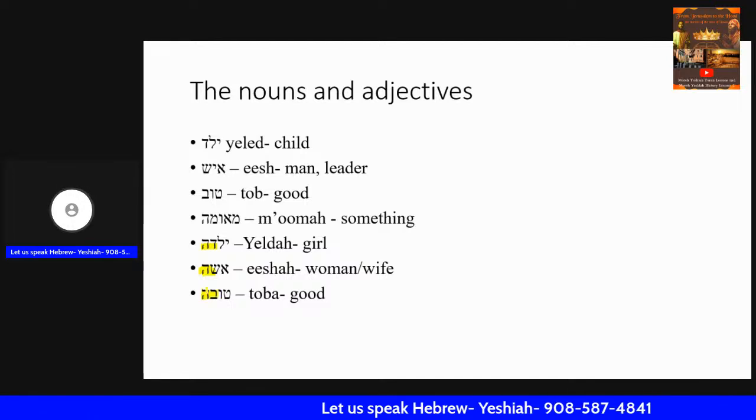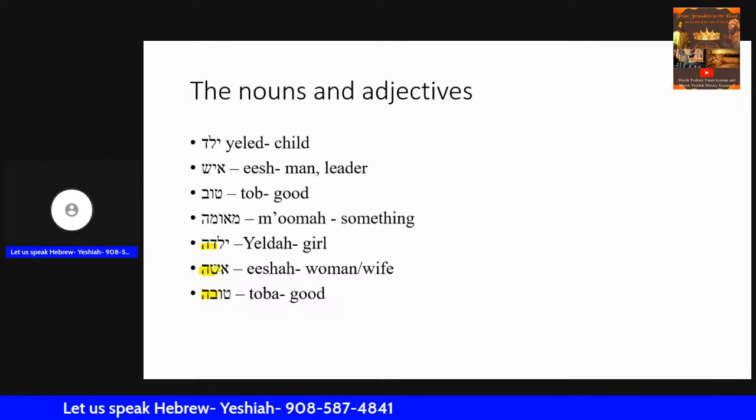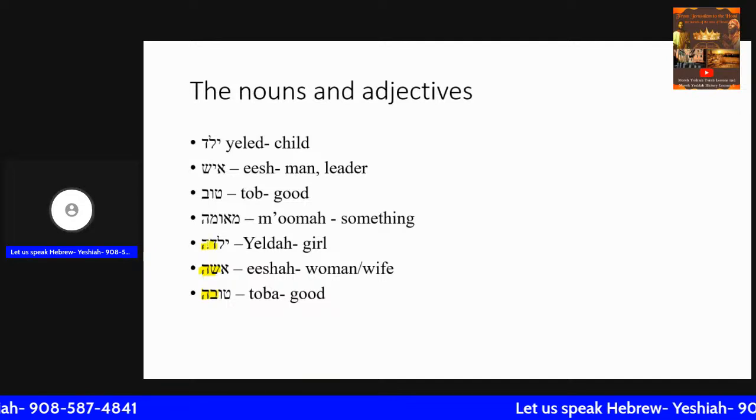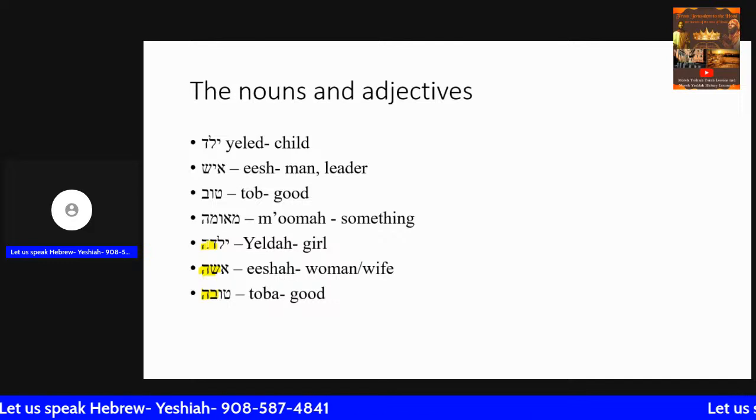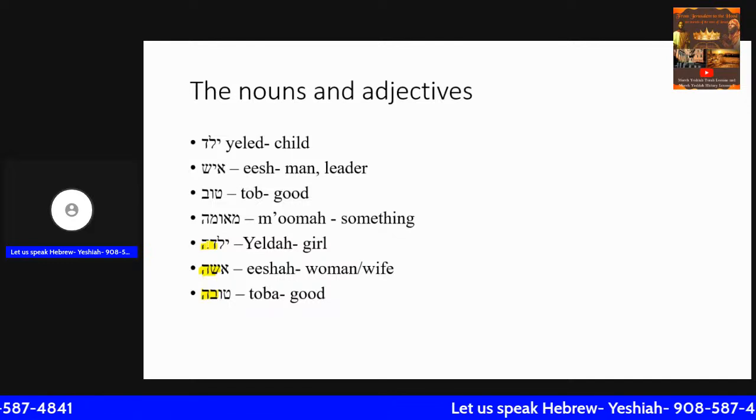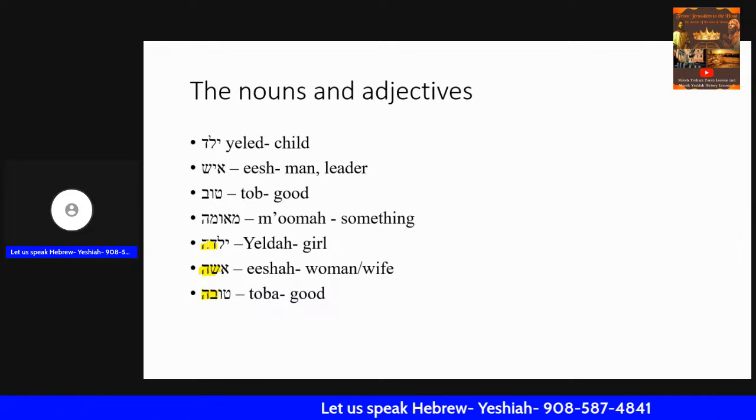All of that is within the feminine matter. And how we know in this case, not 100% in every word, but in these, we know that to be the case because it ends in a hey in said manner.